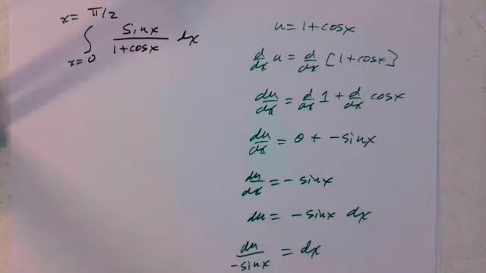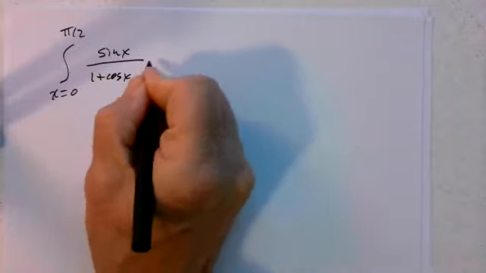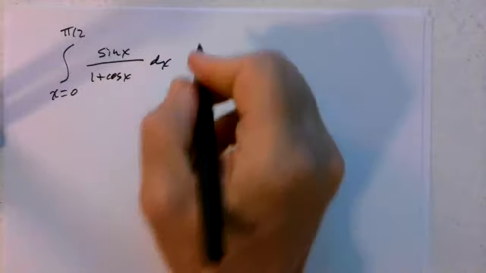That's a little strange. So let's see where we are with this problem. We are now at the integral. Originally it was x goes from 0 to pi over 2 of sine x over 1 plus cos x dx.